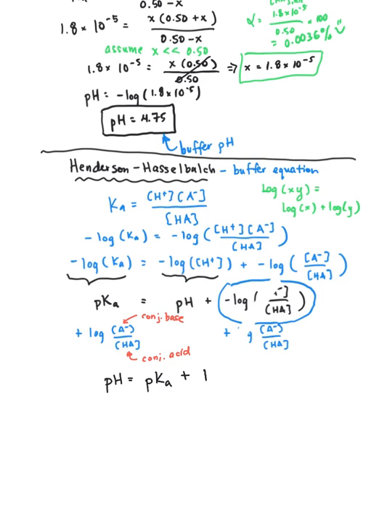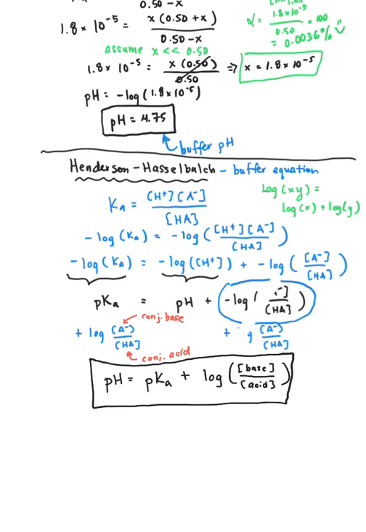Therefore, we can rewrite this term as the log of concentration of conjugate base divided by concentration of our conjugate acid. This is the Henderson-Hasselbalch equation, and it's a simple way to deal with the problem that we just solved up above.